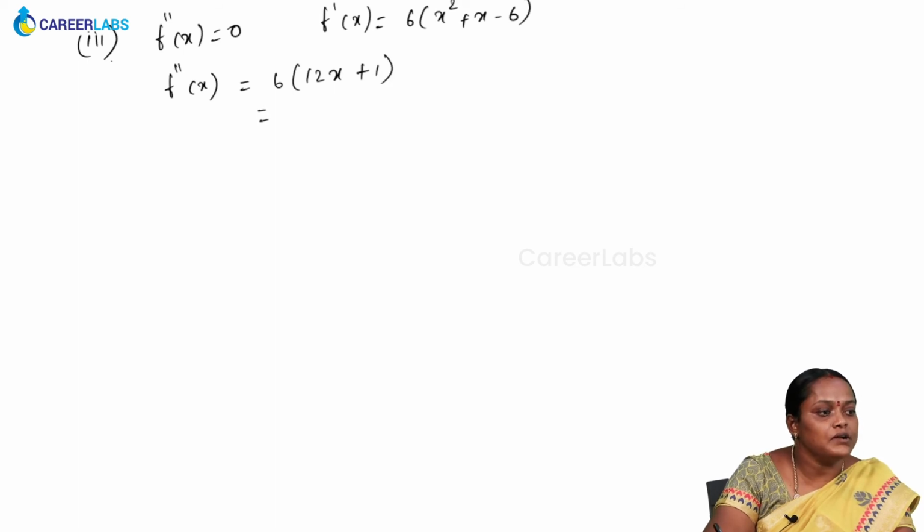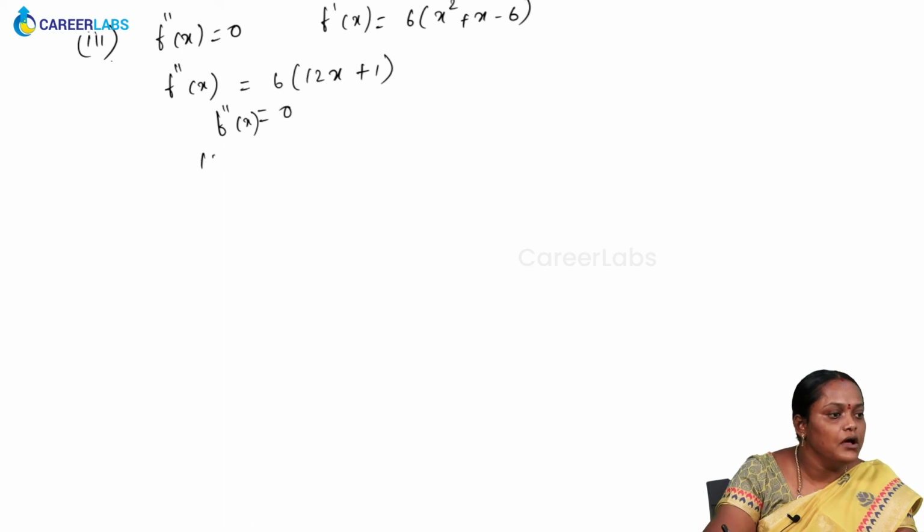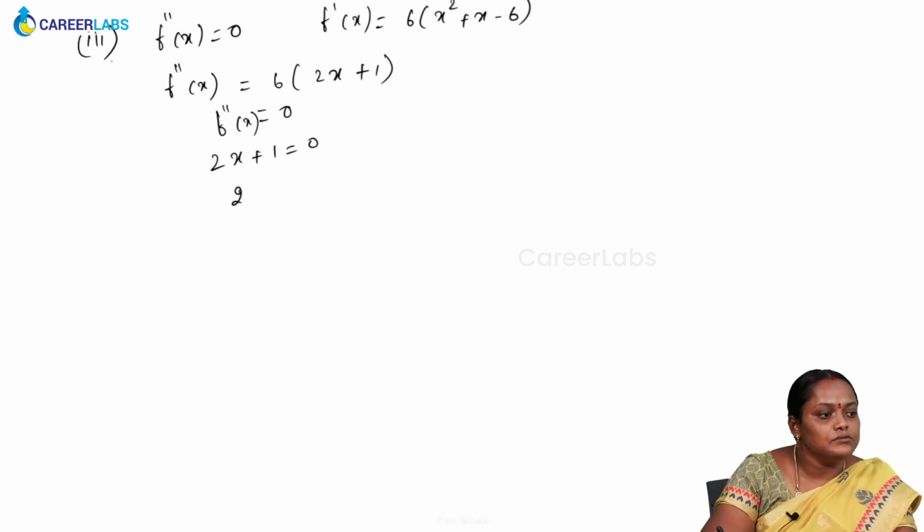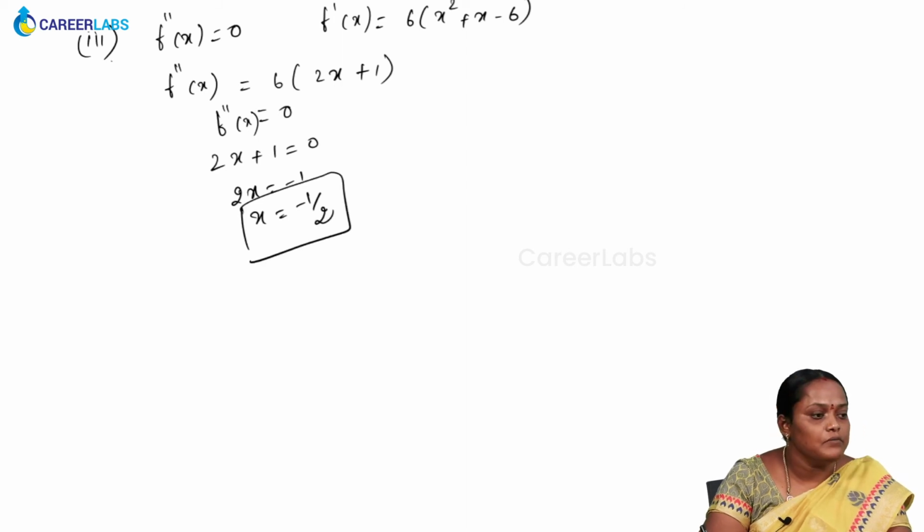Equating f double dash of x to 0 gives 2x plus 1 equal to 0. So 2x is equal to minus 1, and x is equal to minus 1 by 2.